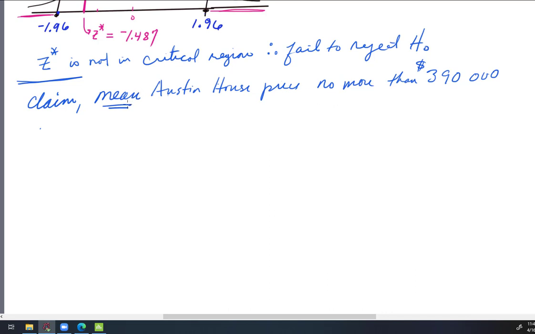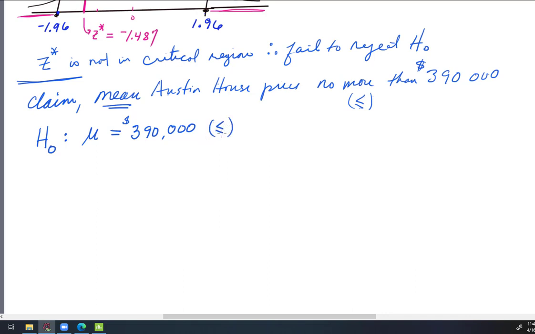would tell us that the mean is no more than, which would mean less than or equal, wouldn't it? So the claim would contain equals, and therefore it would have to be a null hypothesis. So I think we're looking at a hypothesis mu, and I'm going to write it this way because this is just convention, 390,000. We could use units of 1,000 and avoid writing all those zeros, but we'll let it go for right now.